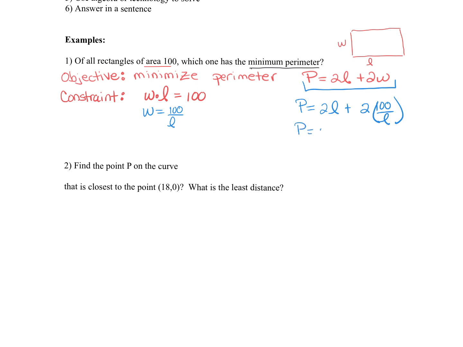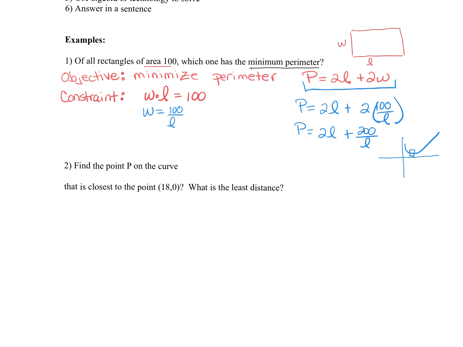So that's going to be 2L plus 200 over L. At this point, we can graph this. It happens to look something like this. We want to find the minimum point.